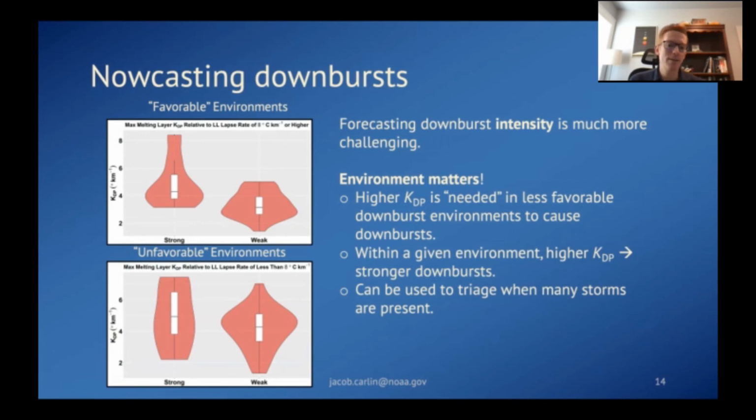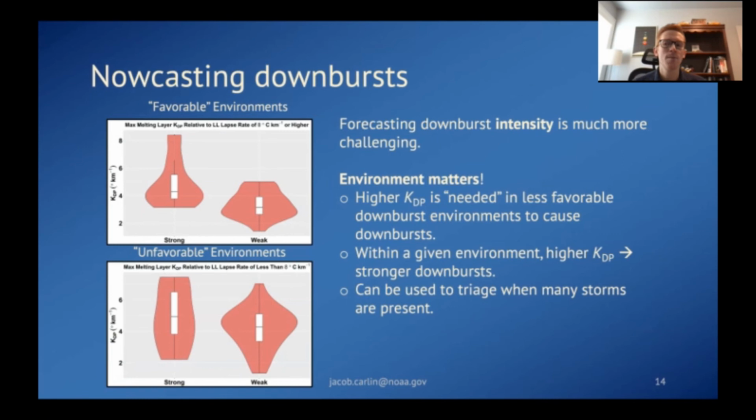And when we separated the cases into favorable environments with steep lapse rates and unfavorable environments, we really saw what is driving this. If you look at the unfavorable environments, the violin plots here show the distribution between strong and weak downbursts. Compared to the favorable environments, we require higher KDPs to drive a downburst. And this makes sense.